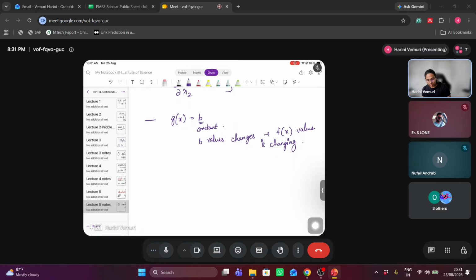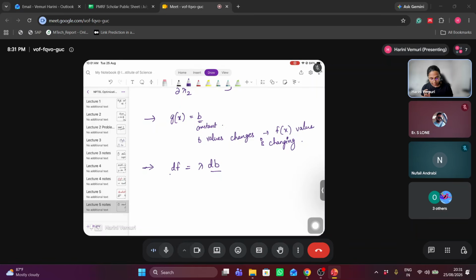In that case, the relation is df is equal to lambda times db. If you remember the derivation, this is the relation between the change in the objective function and the change in the constant.